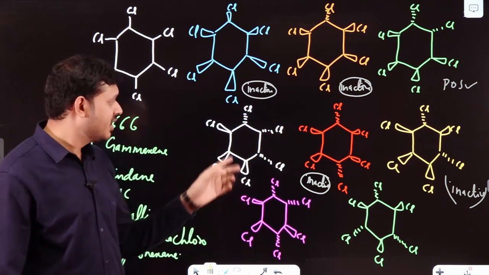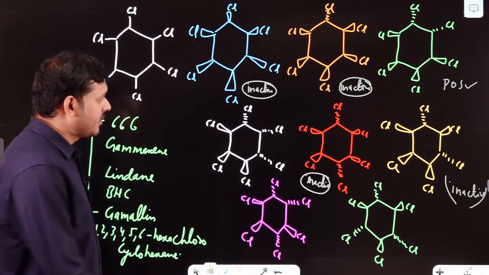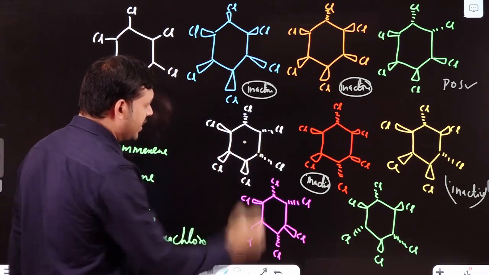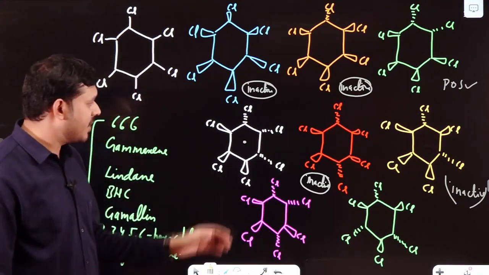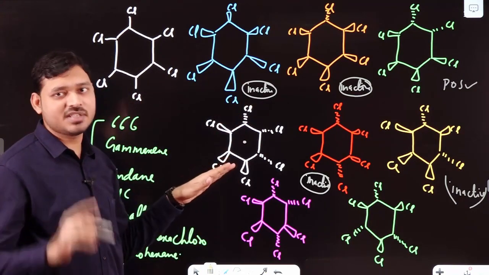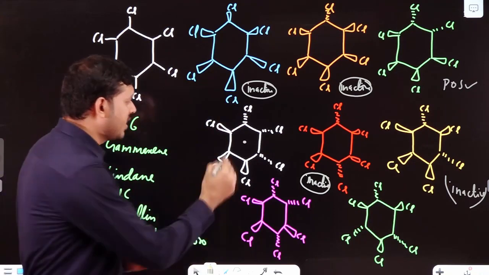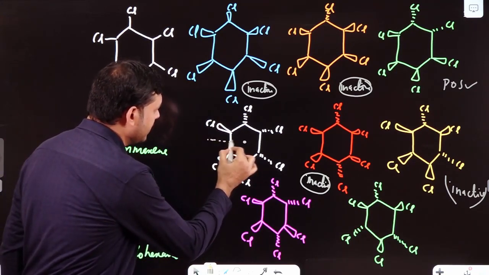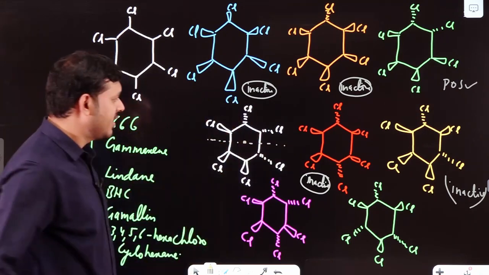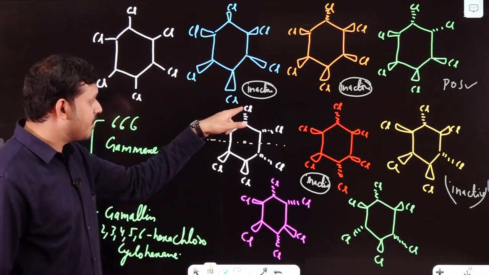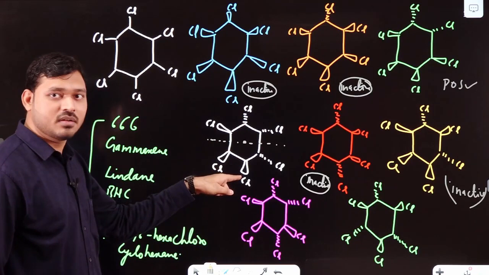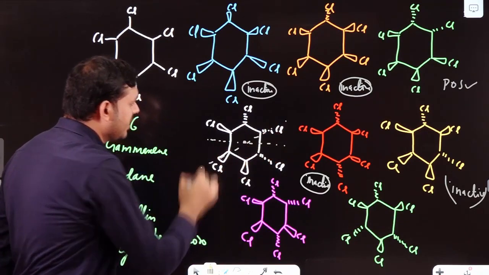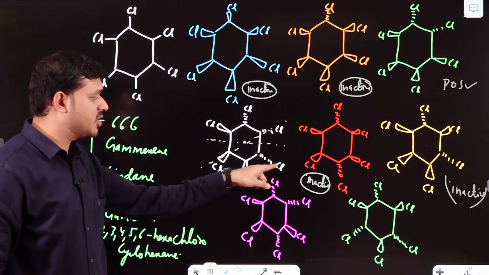Clear? Now check this one. Here what I see is, if I take the center point, if you have to check the plane of symmetry, it is not possible here. Why? If I take this plane, this part is the mirror image of this part, right? But when I select this plane, then this part cannot be the mirror image of this part.